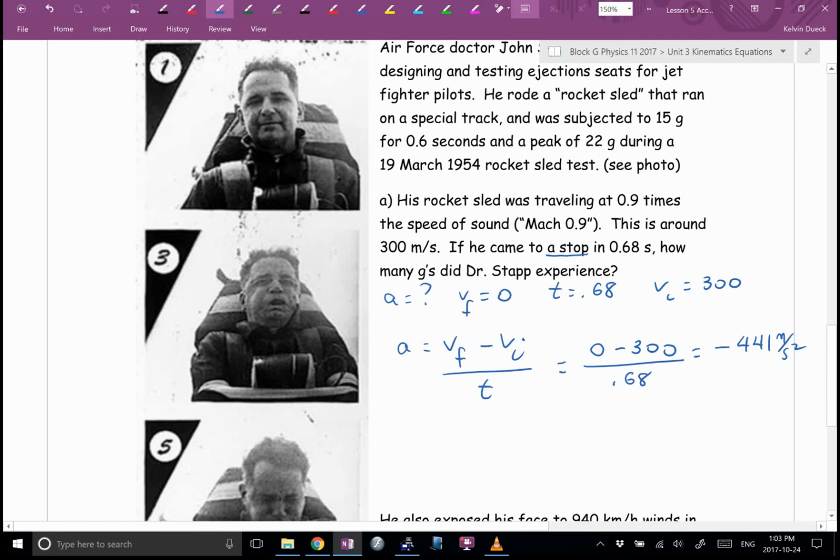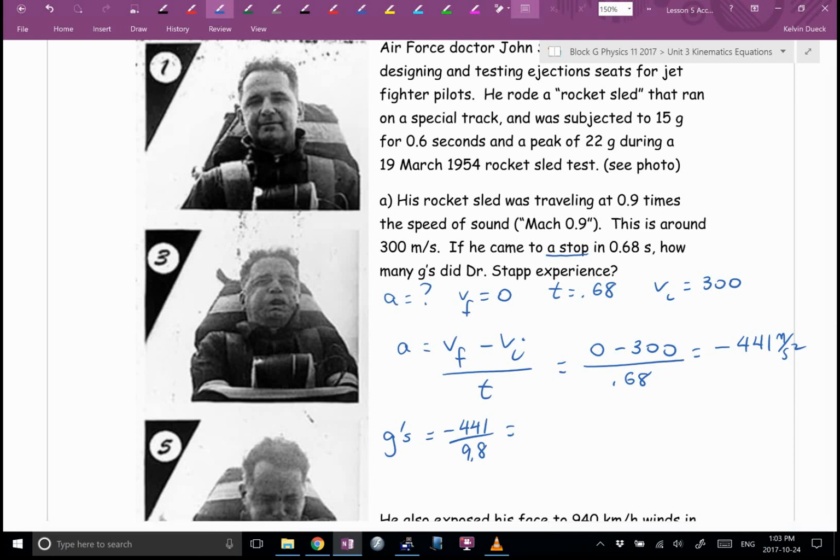How do I convert acceleration in meters per second squared to Gs? Hannah? Do something with the 9.8. I'm really asking how many 9.8s fit into there. I think I divide. Okay? So I'm going to go like this. Gs is going to be negative 441 divided by 9.8. When I'm using the 9.8 just as G, I don't include the negative.